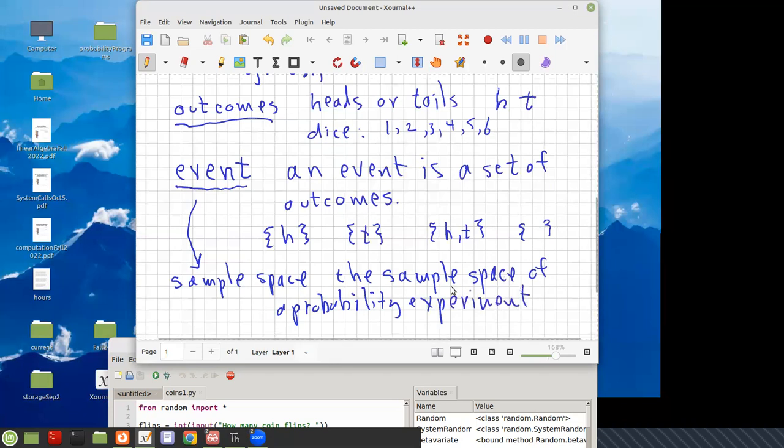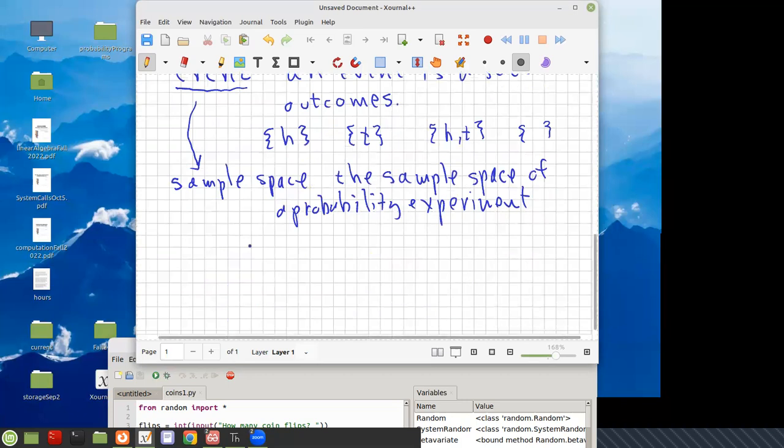So the sample space of a probability experiment is the set of all possible outcomes, the set of all outcomes.